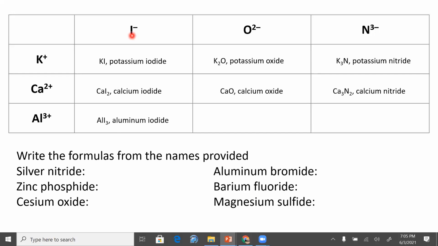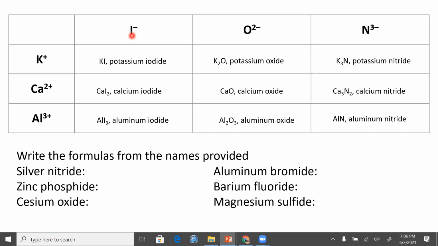Okay, how about the aluminum and the oxygen? Yep, Al2O3, right, aluminum oxide. How about the aluminum and the nitrogen? Excellent. AlN. We crisscross those 3s, but then we're going to simplify them. We only need 1 of each. So aluminum nitride.